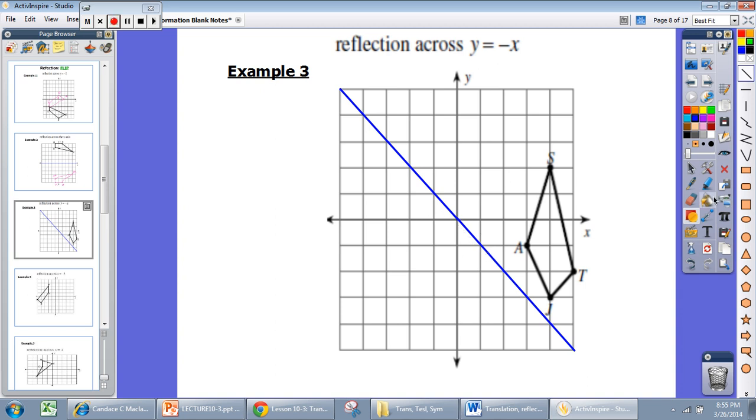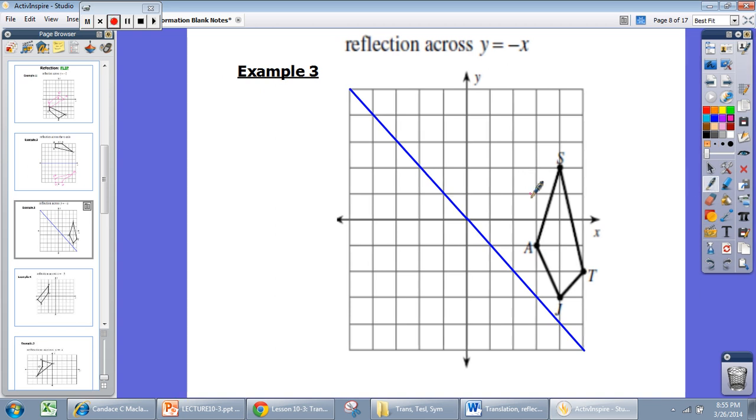Okay? Alright, so this one is, I think, one of the hardest ones for students to figure out. So A is like a block like that away, so do the same thing over here and make your new A. Okay, J is right here and it's like half, so make it half to get J. Okay.